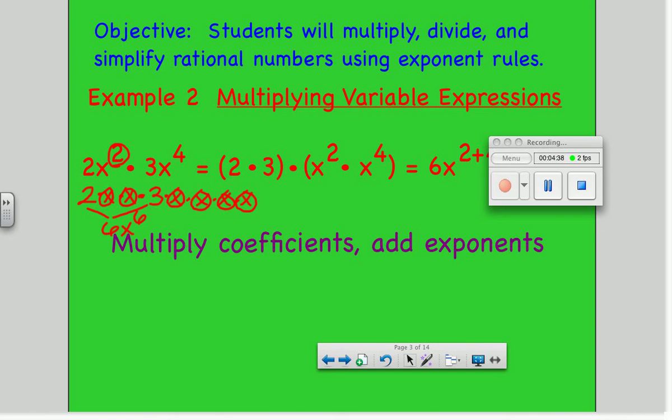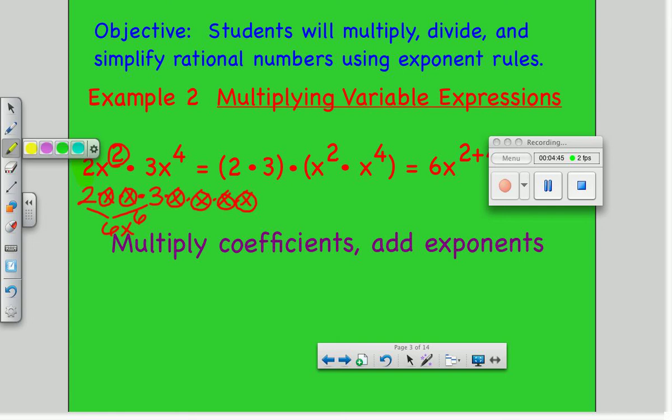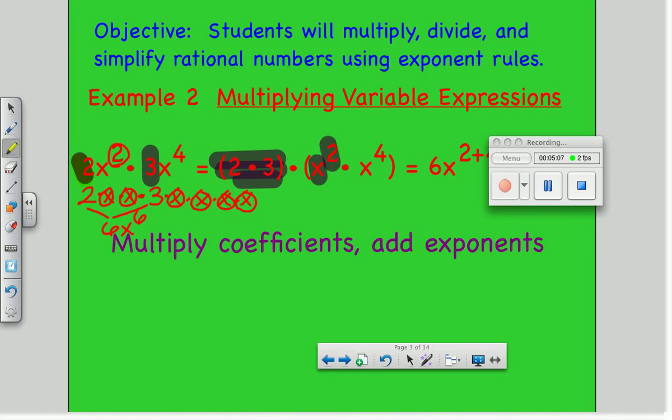Okay? So the other way they're showing you to do this is to take the coefficient 2 and the coefficient 3, and separate them to write 2 times 3. Then they're telling you to take the variable x and the exponent 2, multiply times x and the exponent 4.